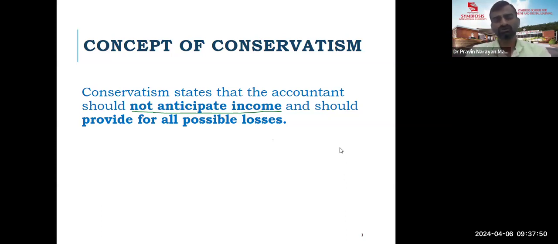In simple words, the accountant should only recognize revenue when it is earned or realized. Earned or realized means when it is actually coming into the business, or will be received by the business.